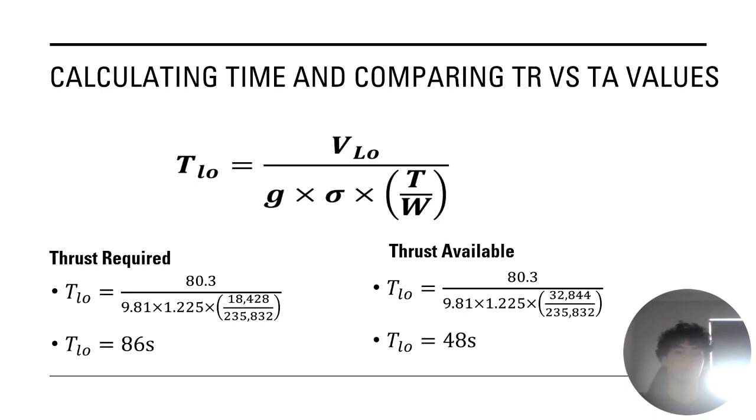With the thrust required scenario, the time comes out to about 86 seconds, which is clearly impractical. But with the thrust available from the engines, the time drops to 48 seconds, which is realistic and safe. This demonstrates the importance of having thrust available well above the theoretical minimum.